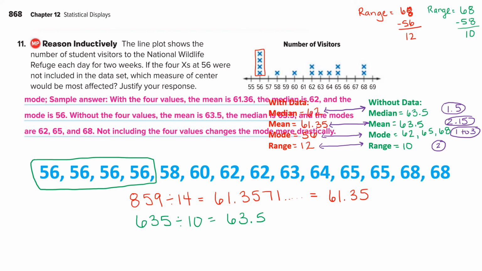Without the 4 values, the mean is 63.5, the median is 63.5, and the modes are 62, 65, and 68. Not including the 4 values changes the mode more drastically. So for this answer, they were looking for the mode being changed the most when we take out the 56s.